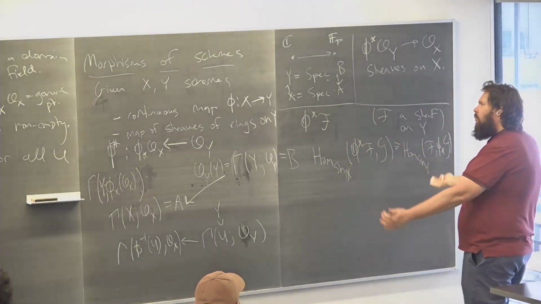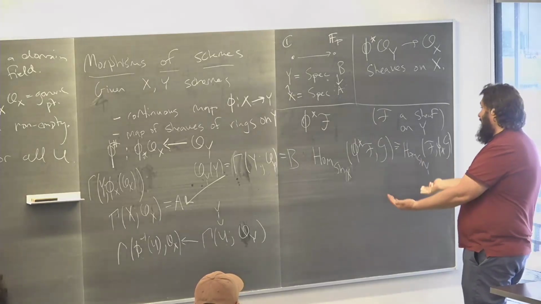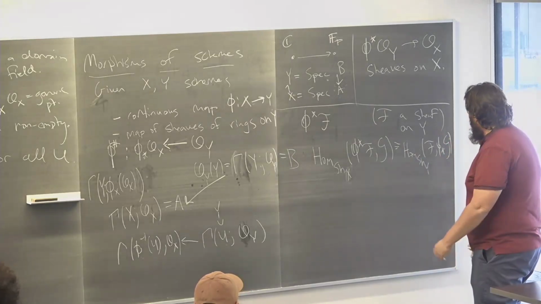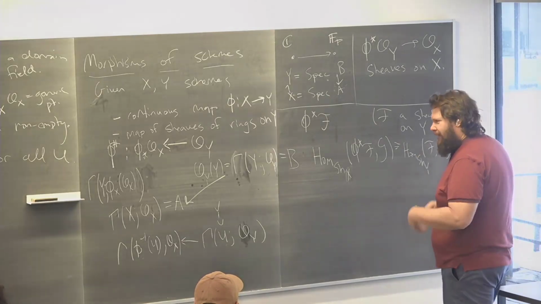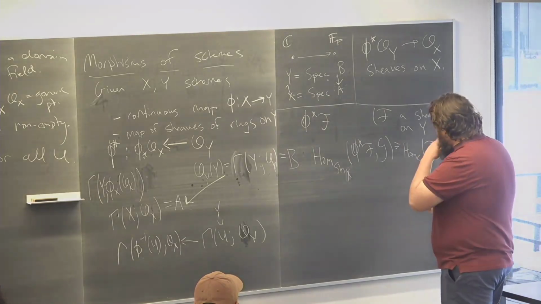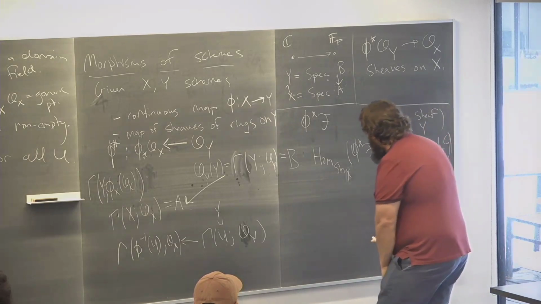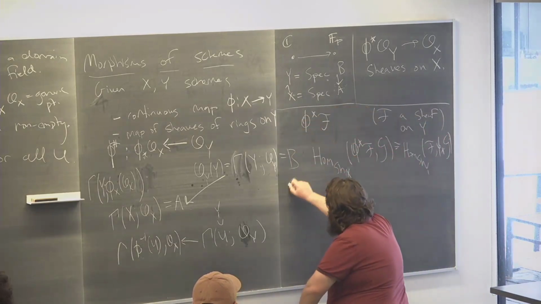So this is really kind of why we use pullback, is that it has this adjunction relationship with push forward. But you can also explicitly define it. You just have to be a little bit careful, right?